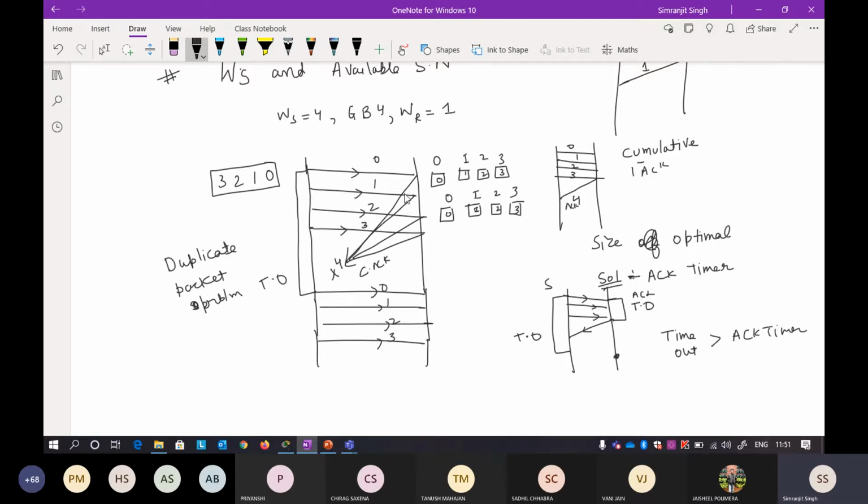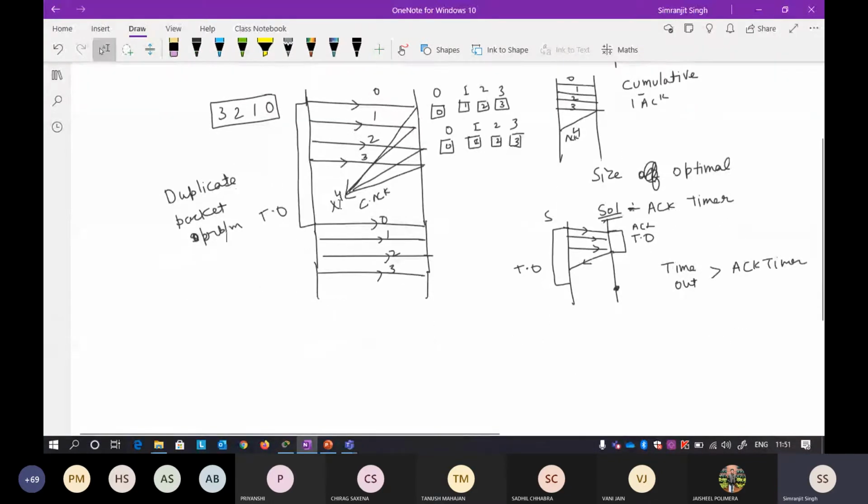Okay, so why is this happening? Because the receiver is expecting the 0th sequence number. That is the problem. We have set the sequence numbers in such a way that the number of sequence numbers is equal to the window size. If this scenario happens, the receiver will be expecting the 0th sequence number. So what can you do? You just have to increase the sequence number bit by 1.